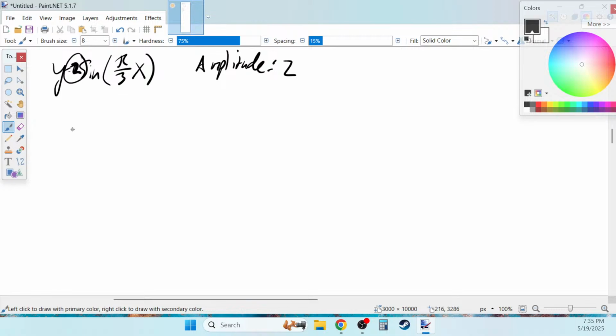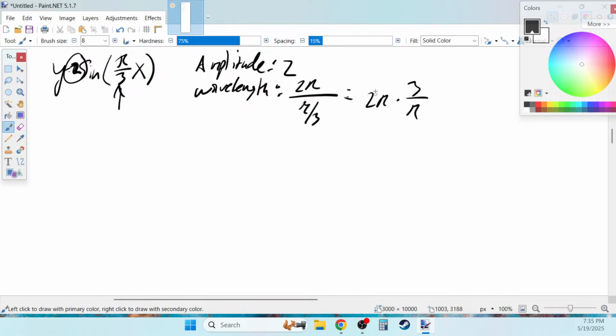This value tells me how high and low my crests are, and a wavelength of 2 pi over 3, which is equal to 2 pi times 3 over pi, which is 6.